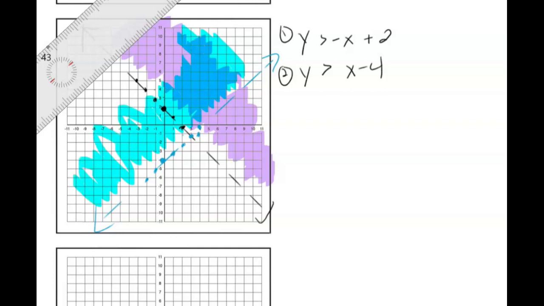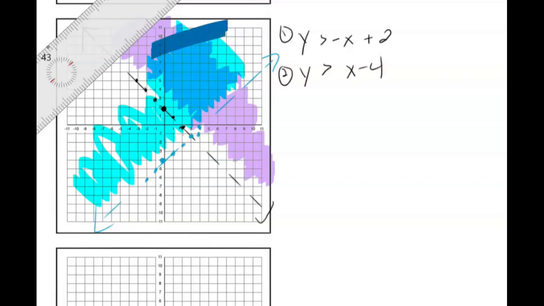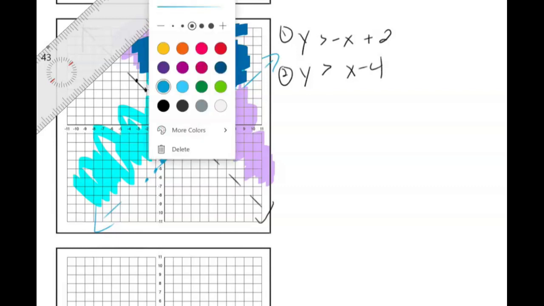Of course, because this thing is awesome, you're going to be able to see this point of intersection here. Let me get my dark color though. So all of this where that shading is going to intersect is going to make us very happy.